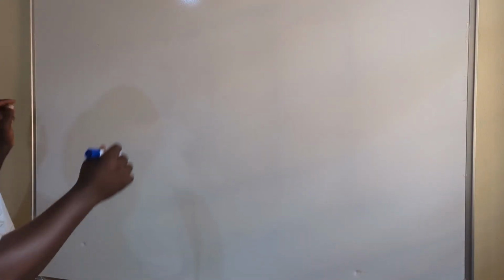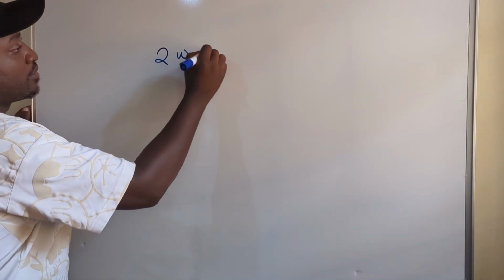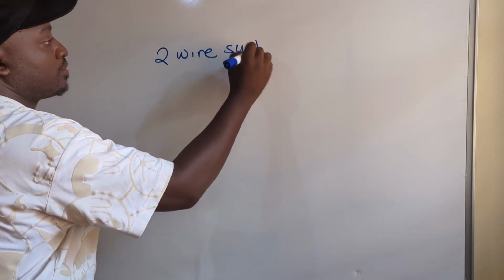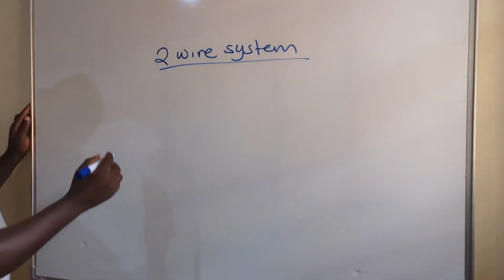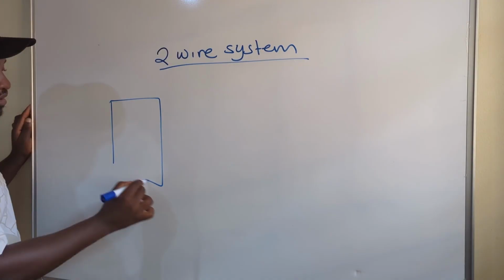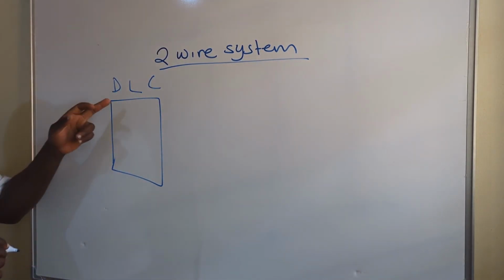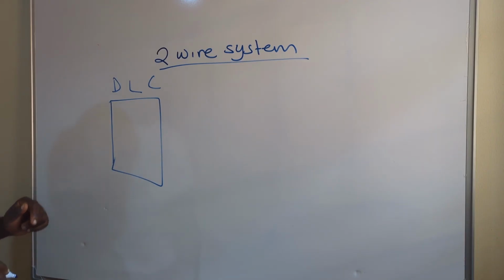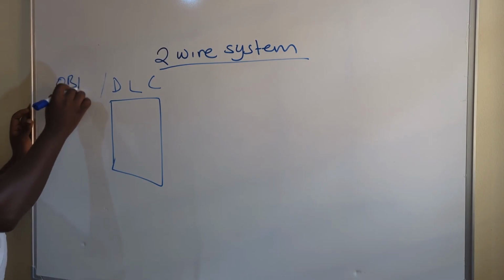Now, in a two-wire system, we have our DLC. Now the DLC is the data link connector, or you can call it the OBD2 port.